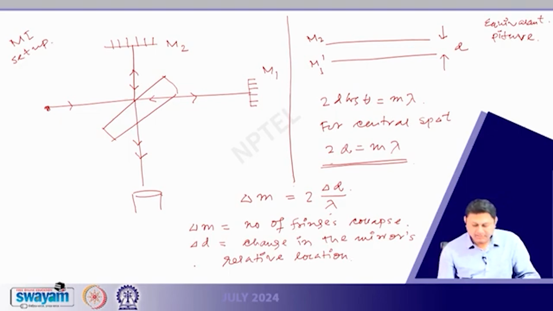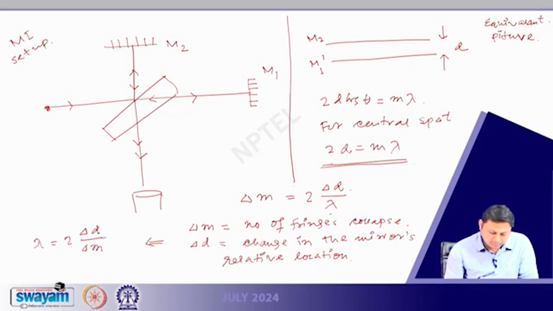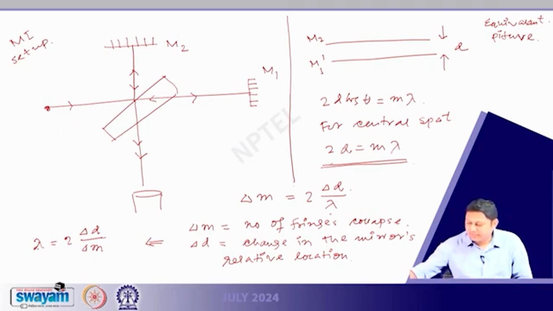So, if that is the case, then we have delta m equal to 2 delta D by lambda, and if somebody during the experiment measures this delta D and delta m, then one can find out the lambda. So, lambda is 2 delta D divided by delta m. That is an important outcome of this Michelson interferometer setup, that using this one can calculate the wavelength of a given light.